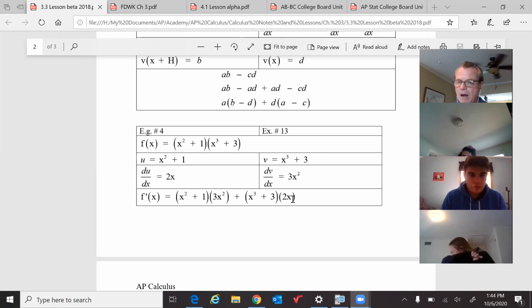But here's how we do the problem, in this case, which would be the long way. u is the first term. The derivative of that would be 2x plus 0. The second factor is v. The derivative of that would be 3x squared plus 0. The product rule says take the first term, u, multiply it by the derivative of the second term, 3x squared.